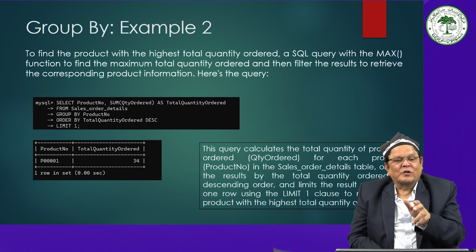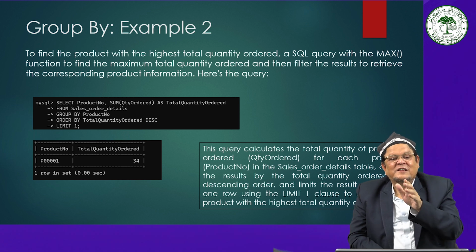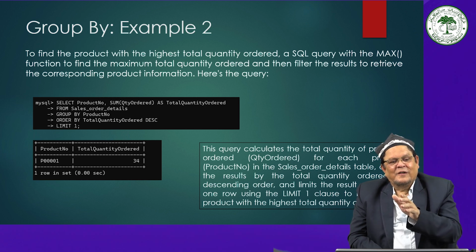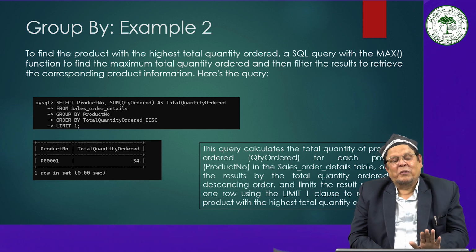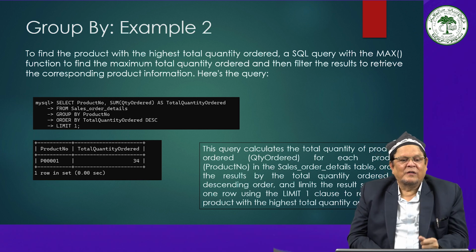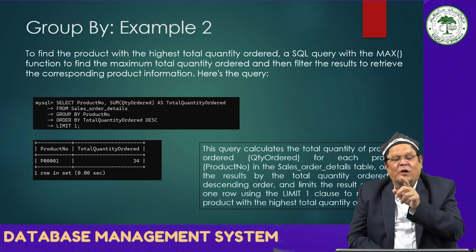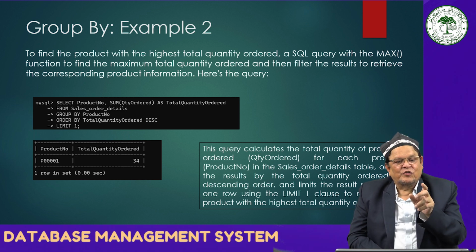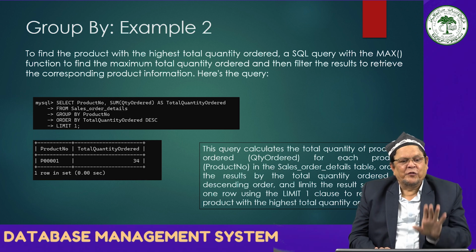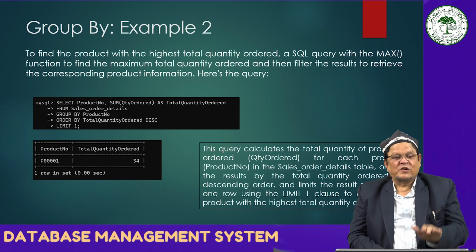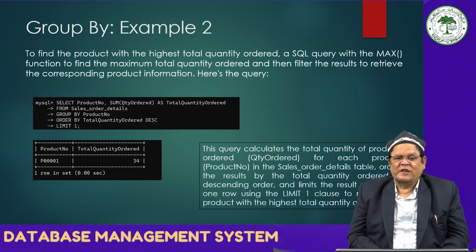Order by total quantity order in descending order. It will arrange in descending order, but I want limit 1, only 1. When you press enter, it will display product number and total quantity order: P001, 34 only. If you write limit 3, three records will be displayed on the screen.